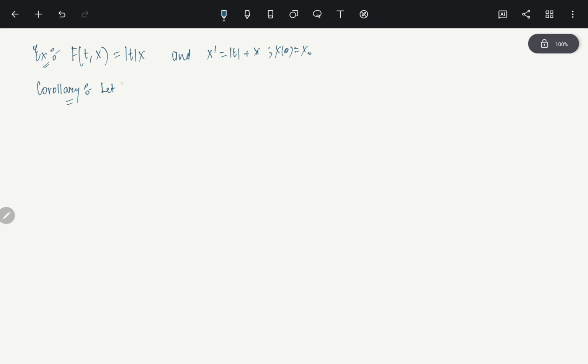Let A(t) be a continuous family of n cross n systems. What it means is that all the entries are continuous functions. So let (t naught, x naught) be in some interval I cross R^n.